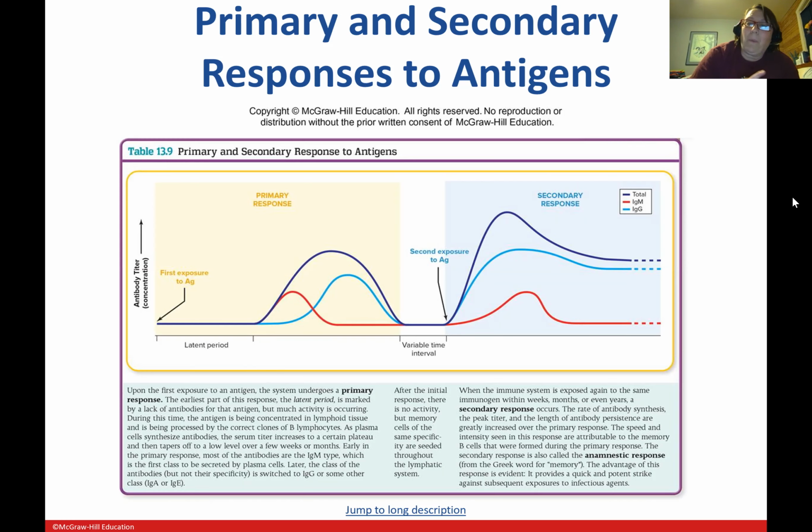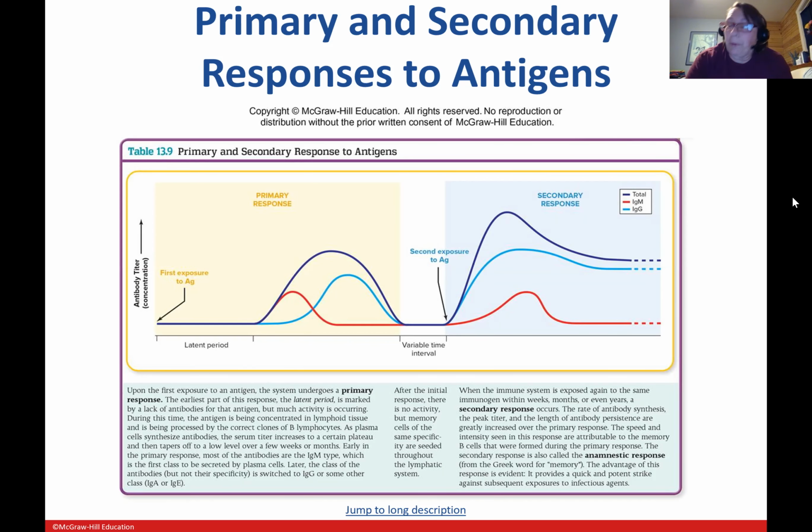And so as soon as you're exposed to that antigen, the handshake is going to happen virtually immediately. Those number of antibodies are going to shoot way up. And you can see that the number of antibodies produced in that secondary response is much higher than at the end of the primary response, okay? So the secondary response is faster and stronger to that same antigen.